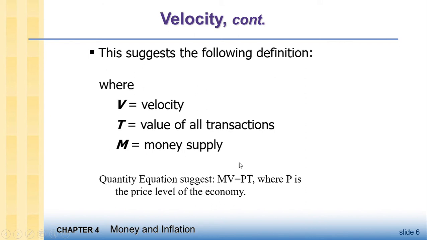And velocity goes back to the idea of velocity in physics. It is the same: at what rate each unit of currency has to travel in order for the value of all transactions at this price level to prevail, given the money supply in a certain year or a particular short run.